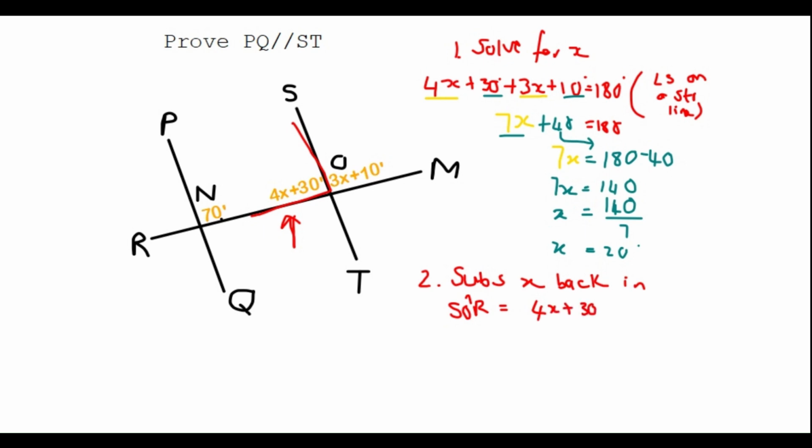In the place of x, you can write 20, because that's what we found x to be. Put that in your calculator, and that gives you 110 degrees. Then let's sub it in for this angle, which is called SOM. Okay, let's sub it back in.